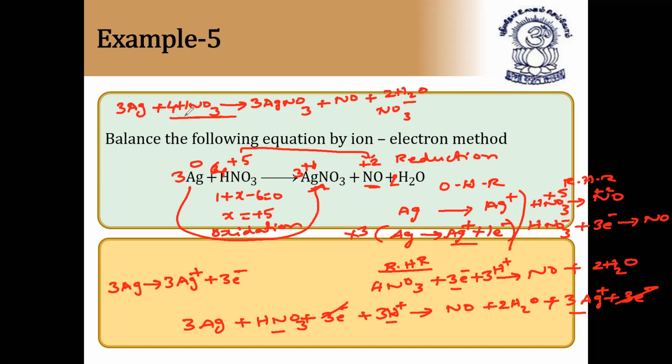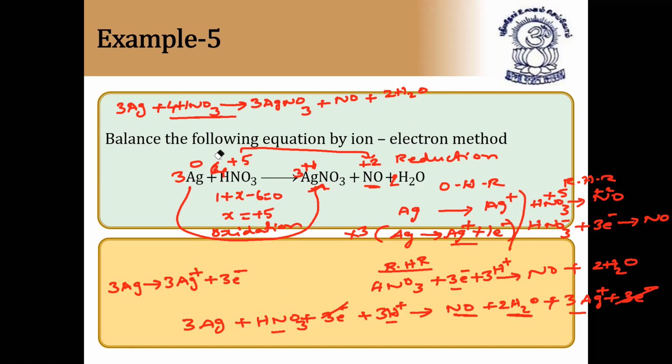We got this because 4H+ we got, 3H+ and 1H I already have taken. So it is 4H+, and 4H+ means nitric acid. 3 moles of silver combined with 4 moles of nitric acid to form 3 moles of silver nitrate plus 1 mole of nitric oxide, because only 1 mole is formed here, and 2 moles of water because we have got 2 moles of water here, and so on. I hope it is clear. Please note down. This is the final equation.